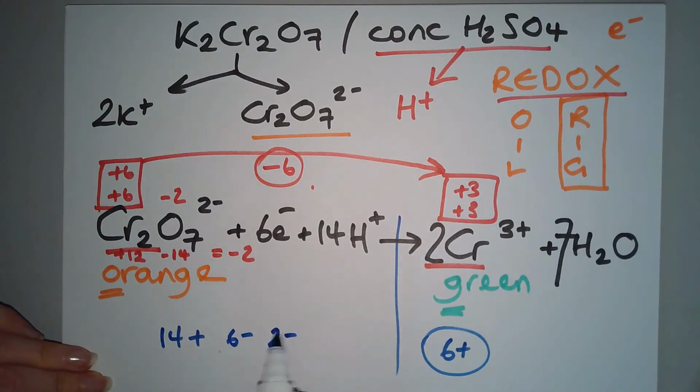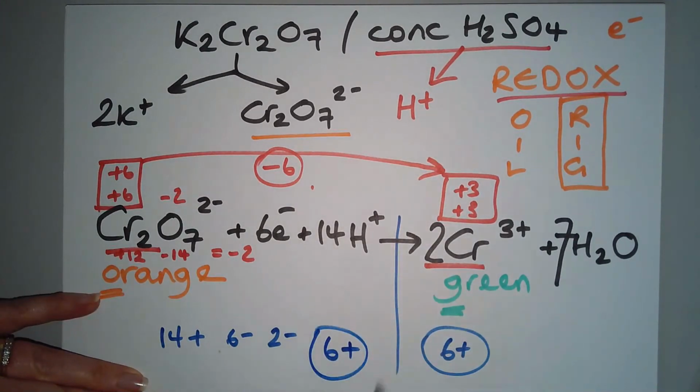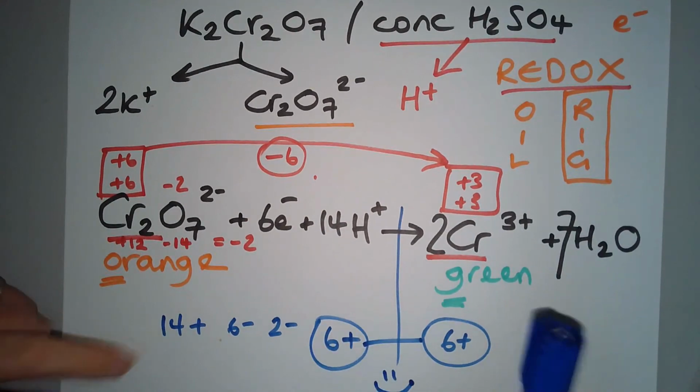So if we put all that together, 14 take away 6 take away 2, you end up with 6 plus as well. So these match, so it's balanced, so that's good. They don't have to be 0, they just have to be the same, balanced for charge.